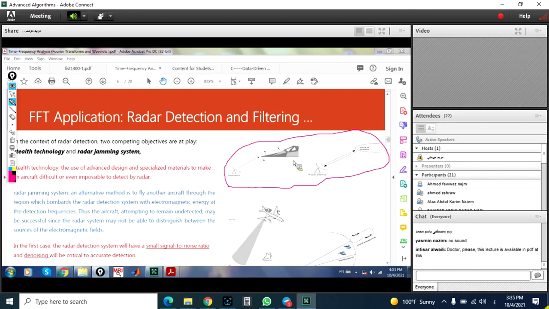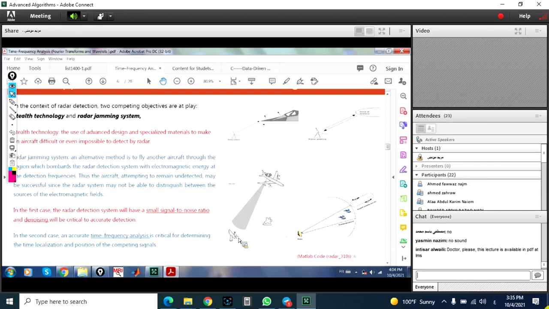Another thing is a jamming system. For instance, imagine an airplane is the desired object.